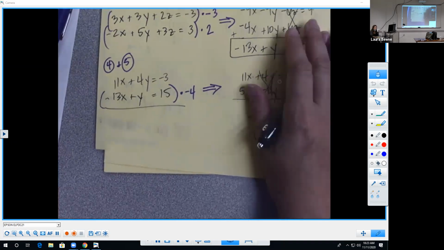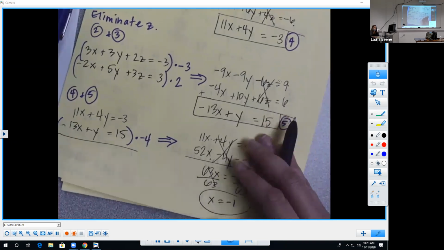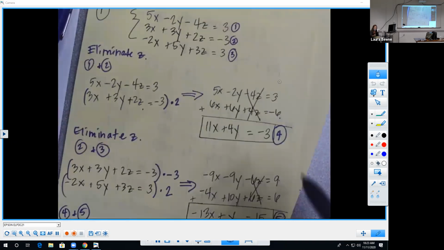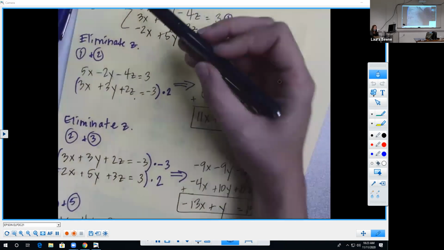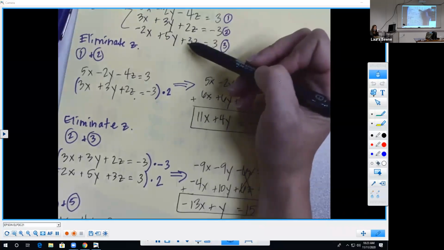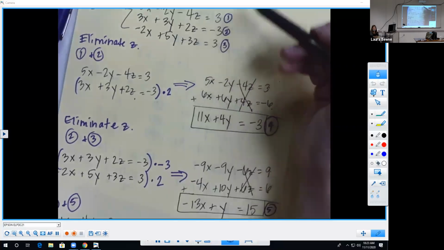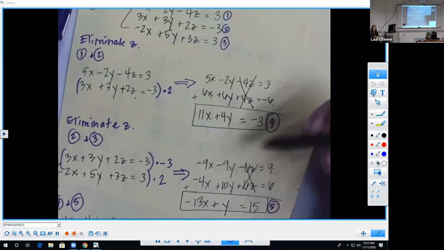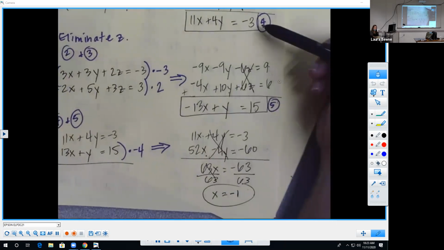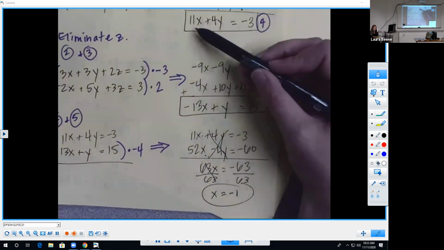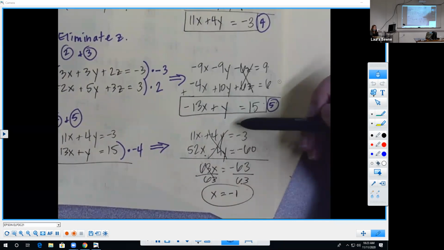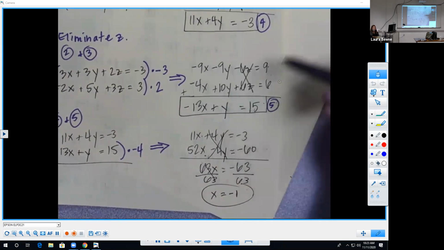Plug it back in. You have 5 equations to choose from. If you start back at the top, equation 1, 2, and 3, and I just plug in x, can I solve for y and z there? Technically, you could by doing this whole process over again, but that's a lot of work. Instead, let's look at equation 4 or 5. If I plugged in x into one of those, isn't it a lot easier to solve for y there? Yeah. So pick one of them.